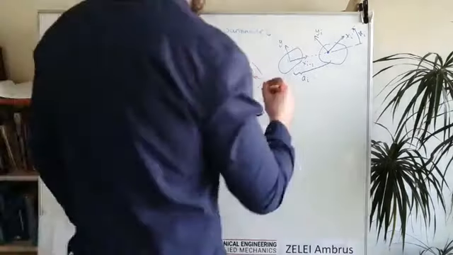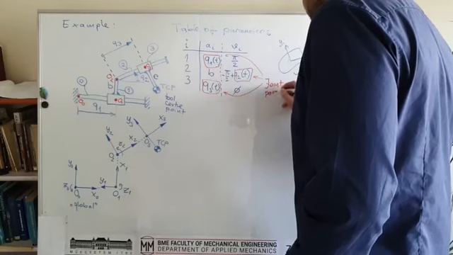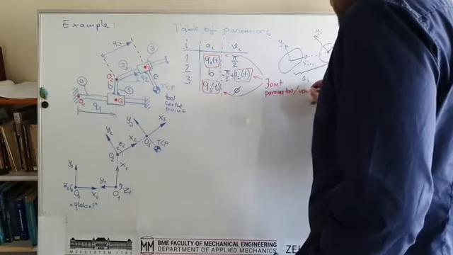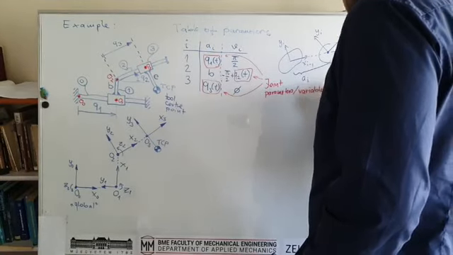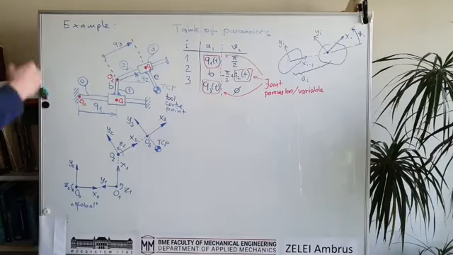Okay, so these are the so-called joint parameters or joint variables. So this is what we have.